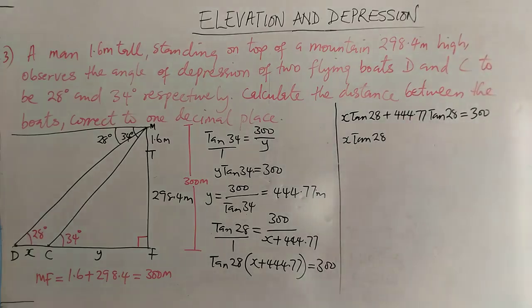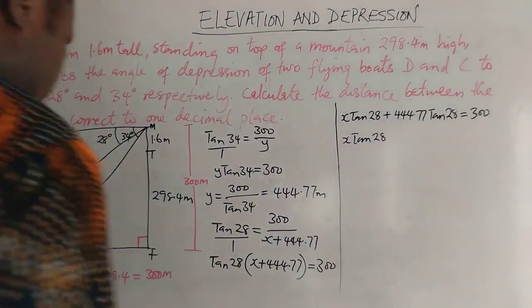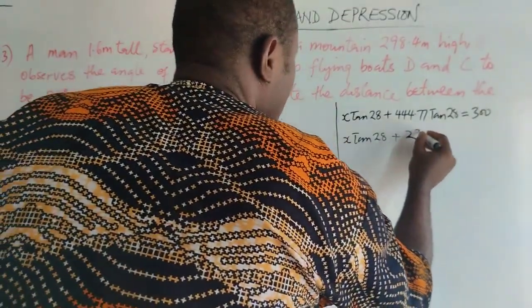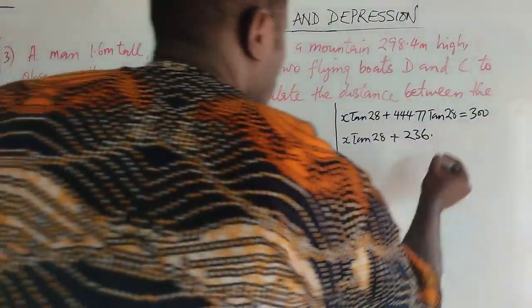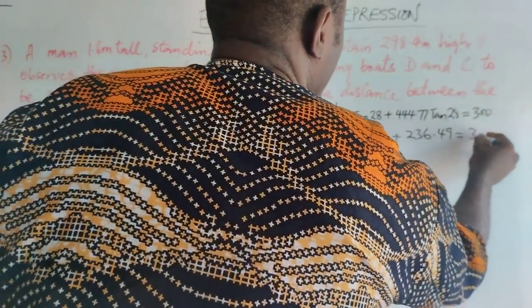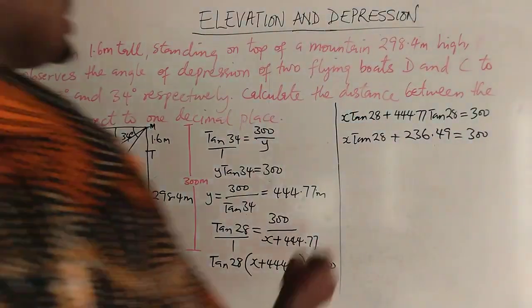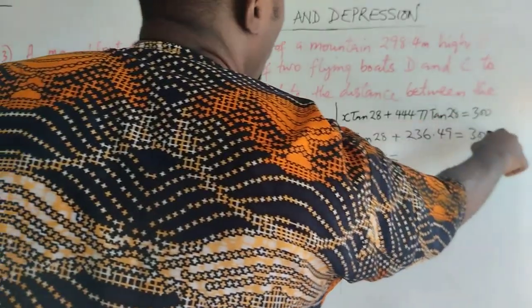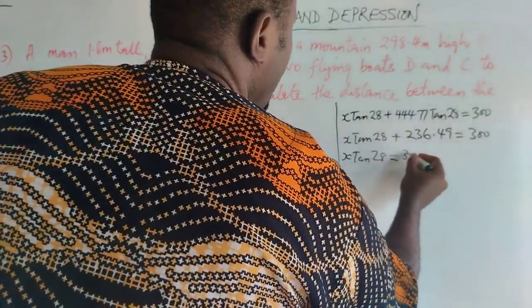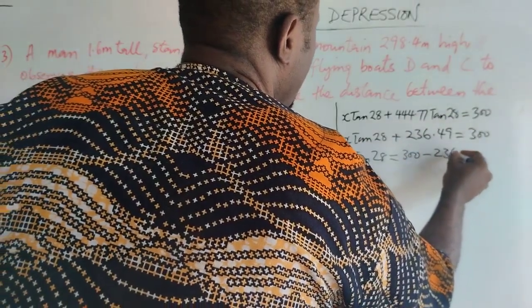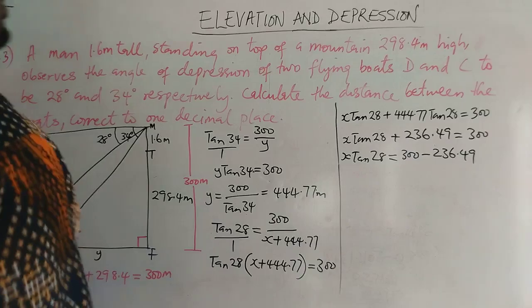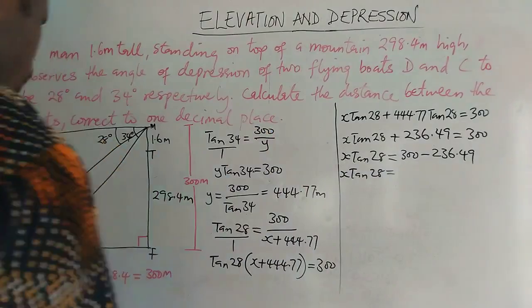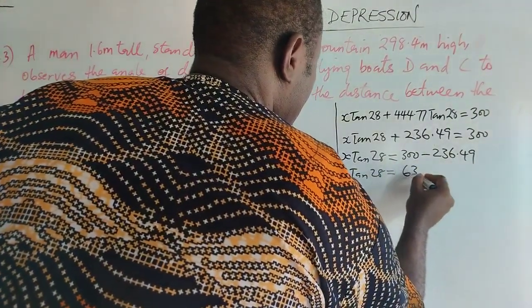If you press this on your calculator, you will get 236.49 equals to 300. The next thing is x times tan 28 is equals to, this will go over to the other side. It will be 300 minus 236.49. You continue, this will give you 63.51.